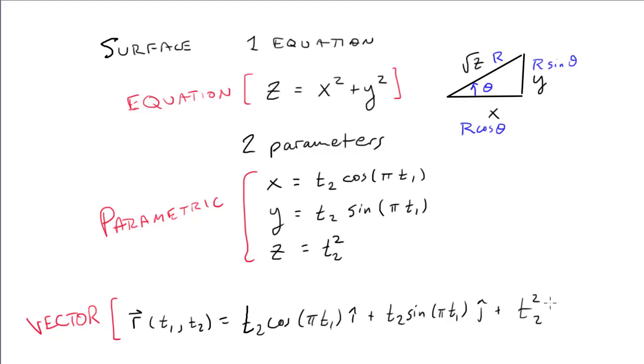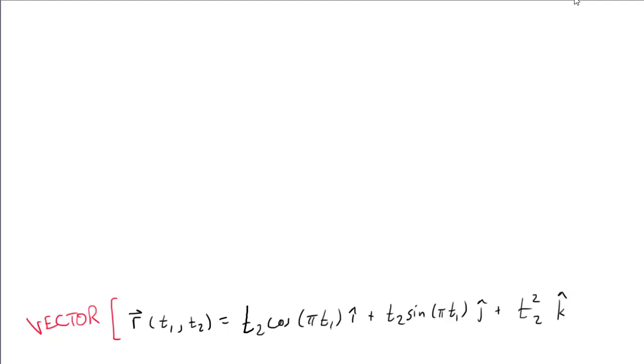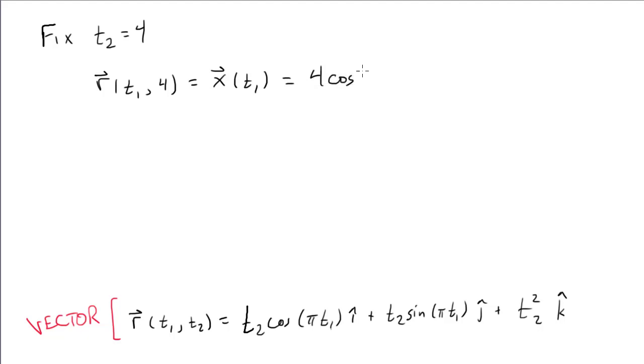Now let's go through what we did in the construction. I'll fix T2 at 4. But then T1 is my only variable, so this is just a vector function of one variable. Take a derivative, and that's my tangent vector from Calc 2.